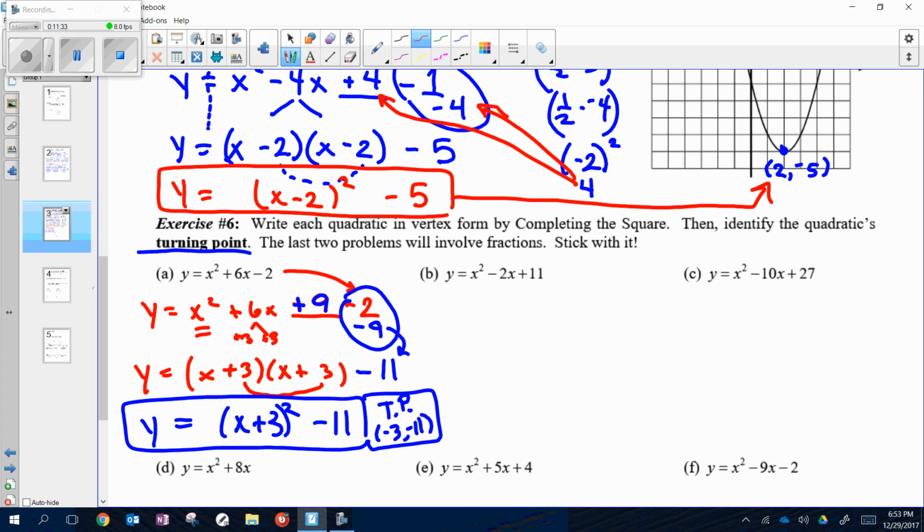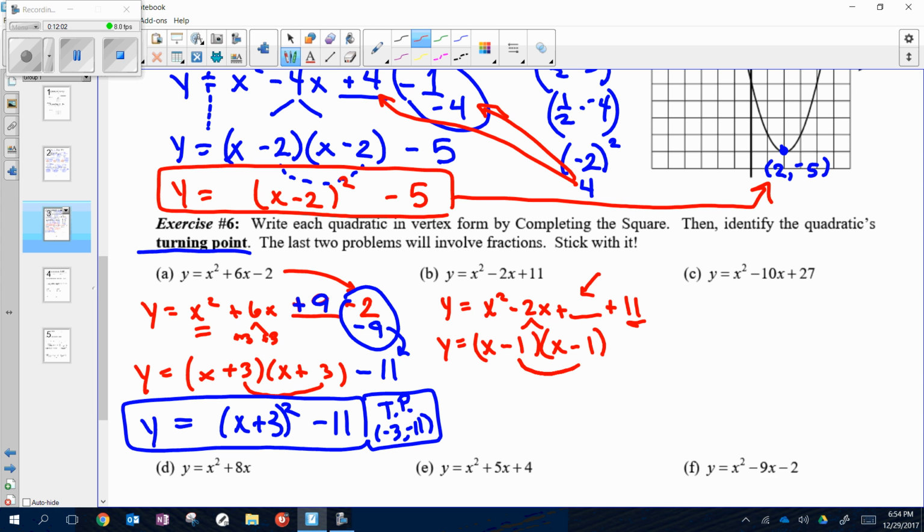Let's do another one. y equals x squared minus 2x plus blank plus 11. I'm trying to factor this with the blank, ignoring the 11 for now. So that blank needs to be, take half of b, minus 1 minus 1. So I got my x squared, I got my minus 1 and minus 1 to make my minus 2.